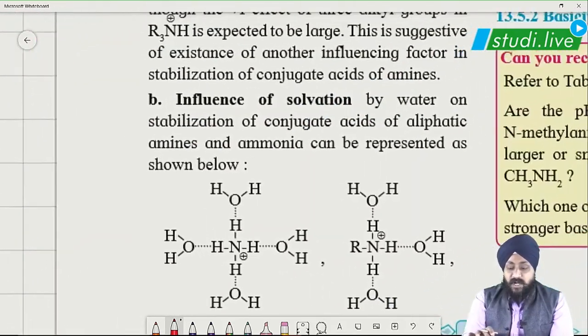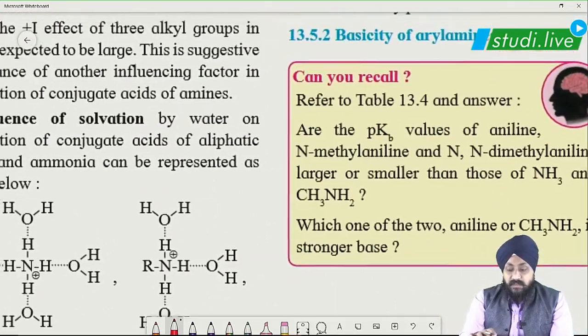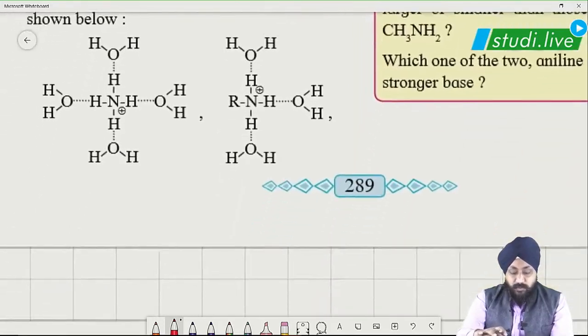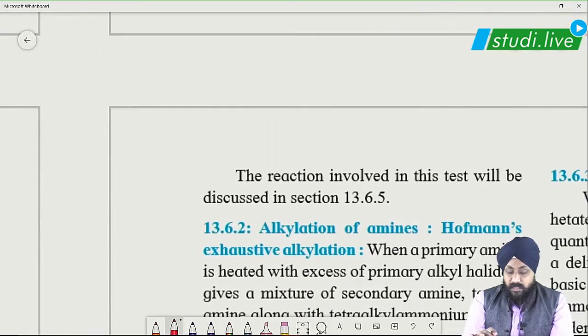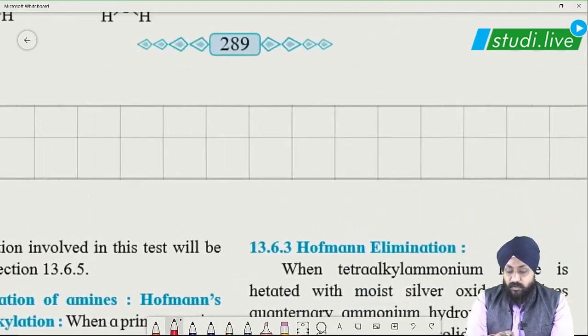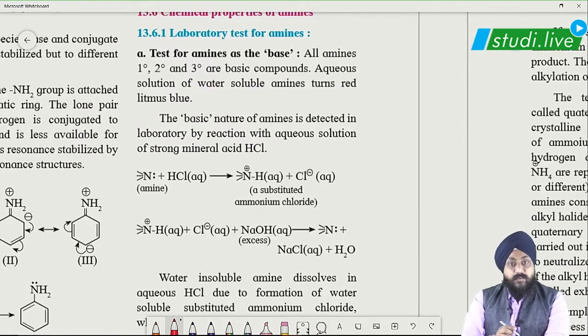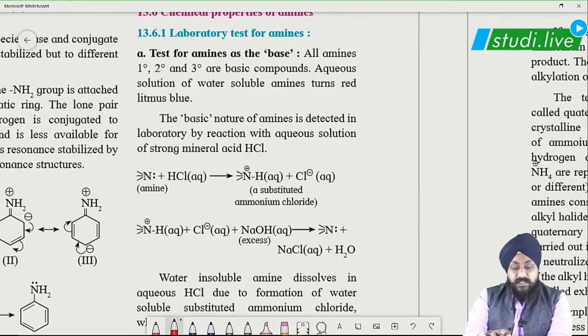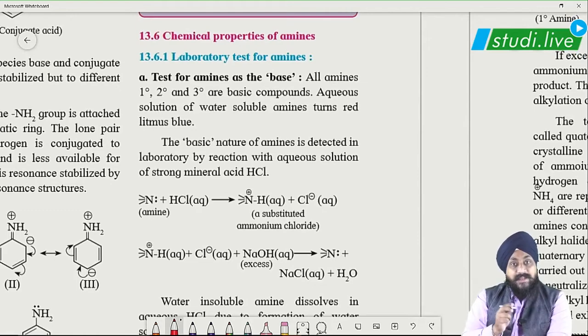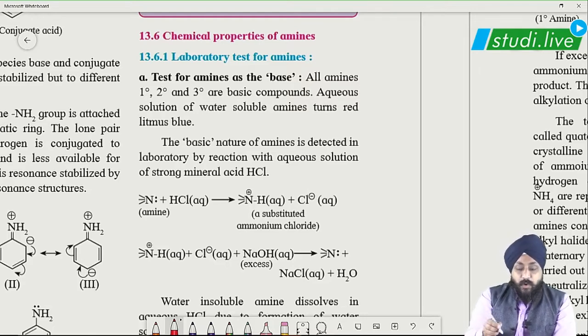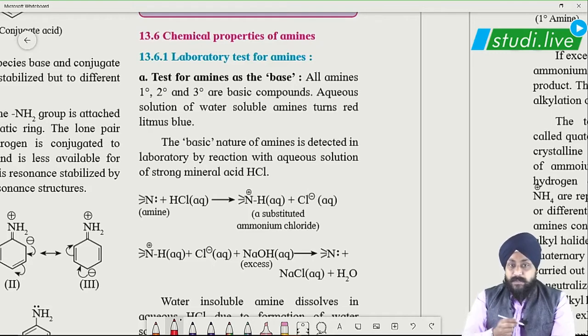Now students, after this basicity, the next part which we are going to talk about is the chemical properties of amine, and here we are going to talk about laboratory tests for amine. Now, the test for primary amine as a base: all amines, primary, secondary and tertiary, are basic compounds.